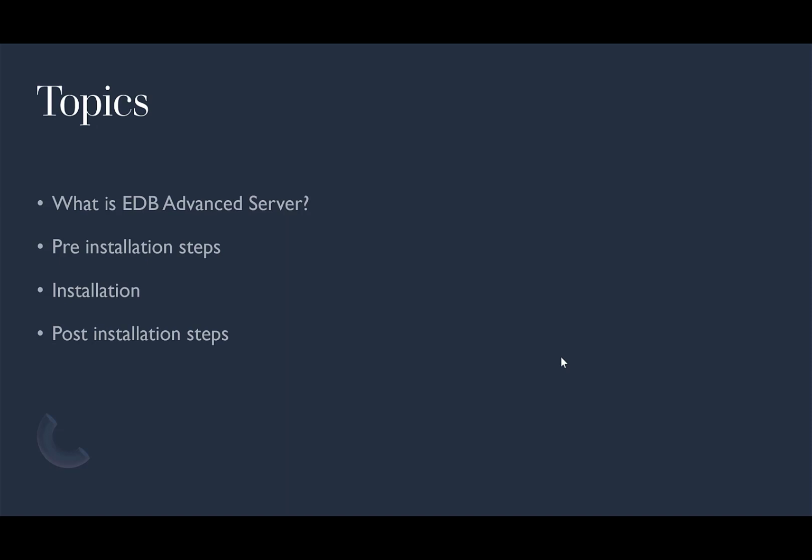I will be demoing these steps on how to install EDB Advanced Server with non-default options, because the default options are pretty straightforward. You can just follow some documentation, and there are quite a lot of documentations available on how to do very straightforward cluster installations and initialization.